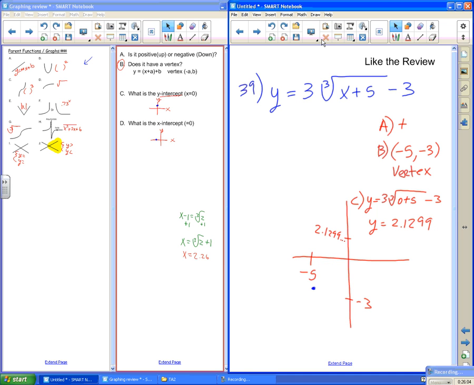So I'm going to go ahead and delete that so I can draw a better one. So my graph should do something like this. Okay. And then if that's not enough, I can always do my step D, which is what's my x-intercept. So I say 3 third root of x plus 5 minus 3. When does that equal 0? Add 3.